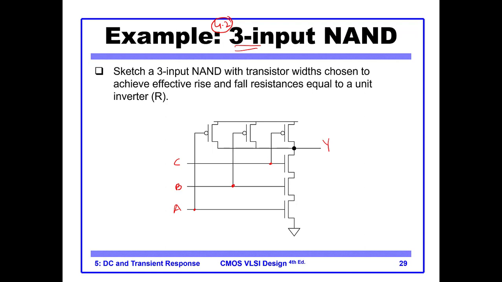So they are in the pull up network. This is our VDD, this is our ground, okay, and we have the 3 NMOS connected in the pull down network, okay, in series.